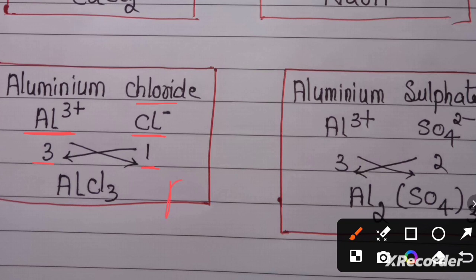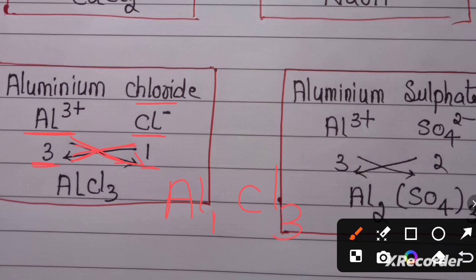So while writing the formula of aluminium chloride, you need to take the valency of chlorine to aluminium. Chlorine valency is 1, so write aluminium only one time, and the valency of aluminium we have to pass to chlorine. As the valency of aluminium is 3, we have to take chlorine as 3.